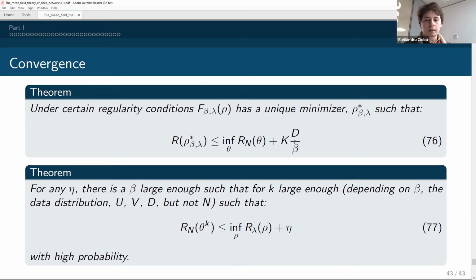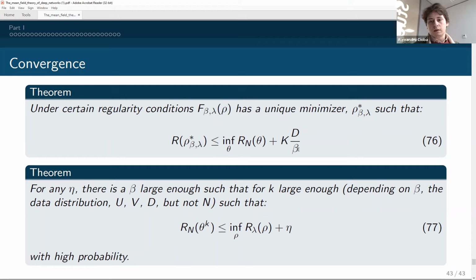We can effectively combine theorem 3, which we had a look at, which was the bounds on convergence of the finite iterates, to get inequalities between the expected risk at the unique minimizer of the free energy, and the infimum over all parameters of the finite risk, so of the risk of the neural network.